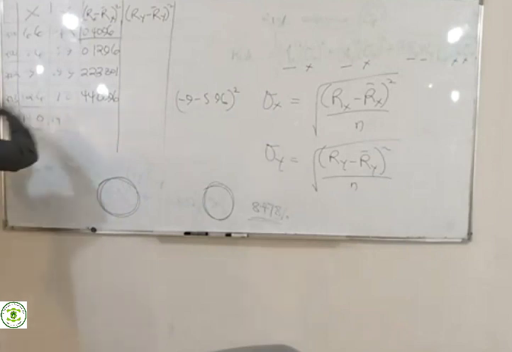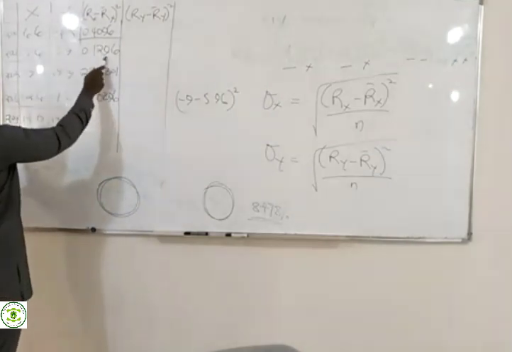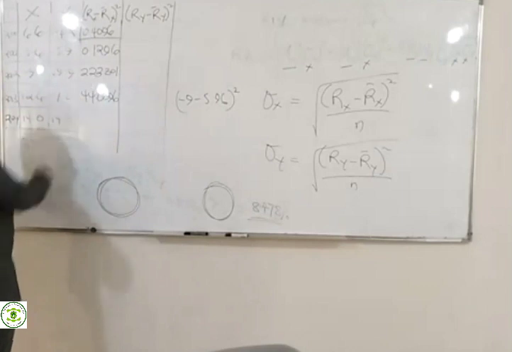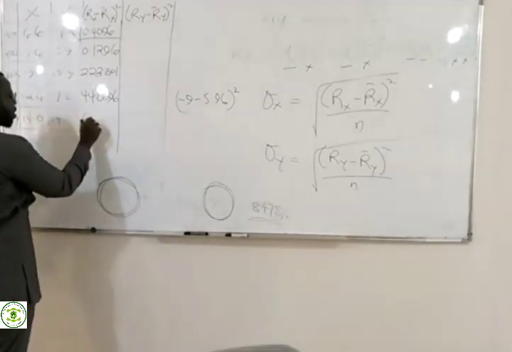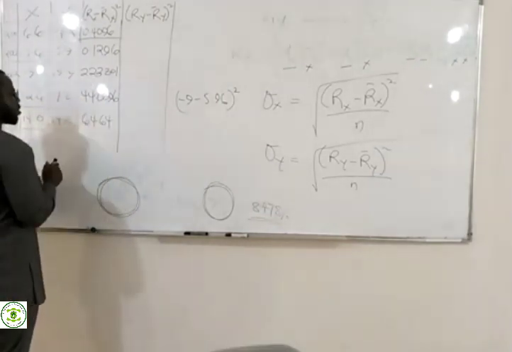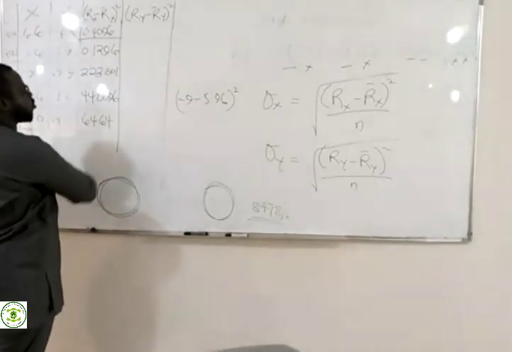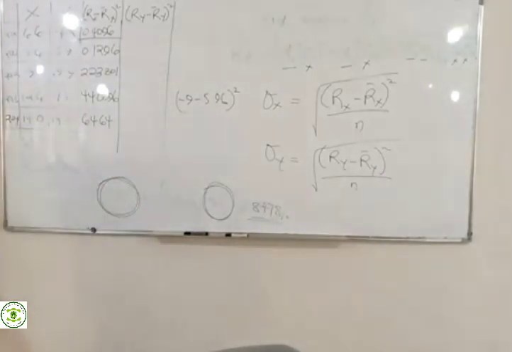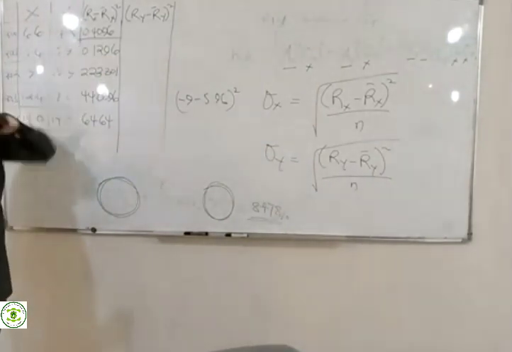So here will be 0.41, 0.13, 64.64. You can just leave them in 2 decimal places.